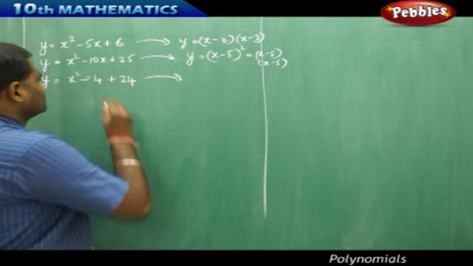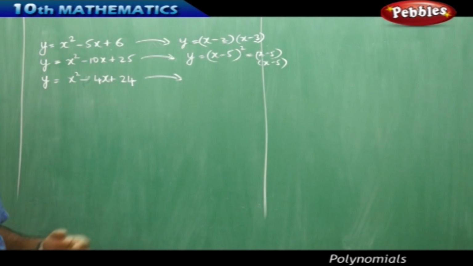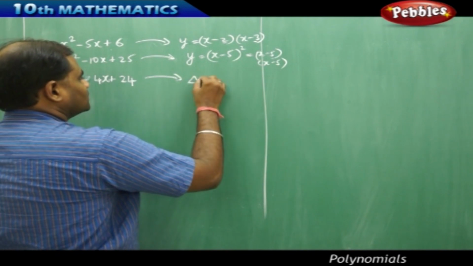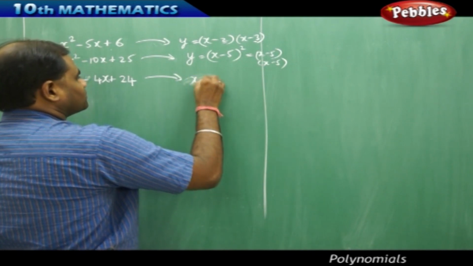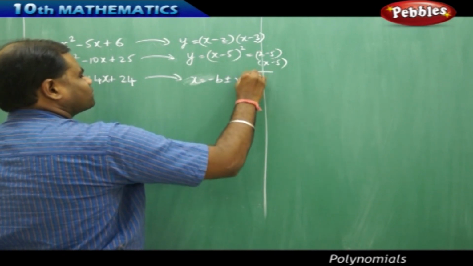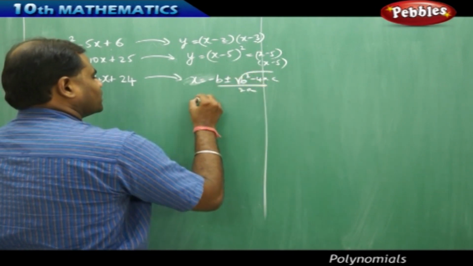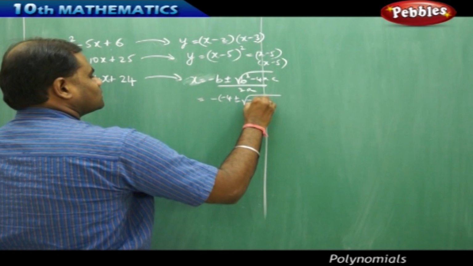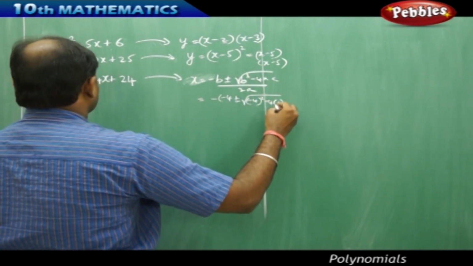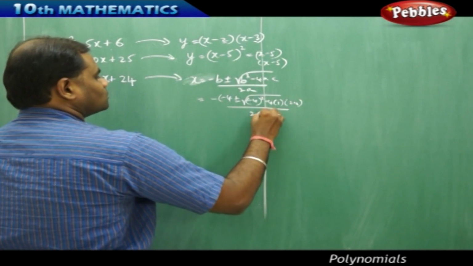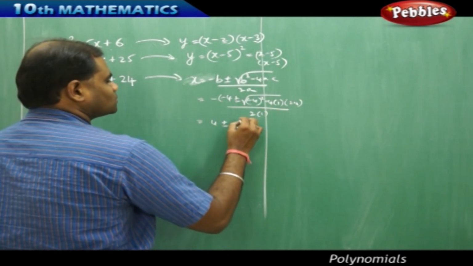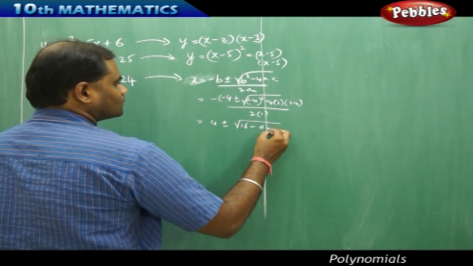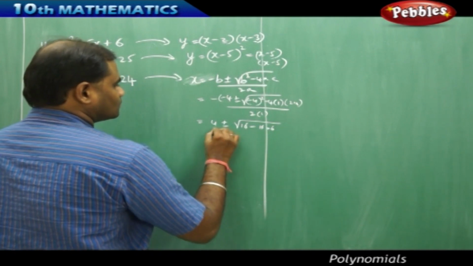Similarly, when I take this, I see that I cannot factorize this because the discriminant is less than 0. So to start with the discriminant, I clearly see that here my roots can be obtained by using the formula minus b plus or minus root of b square minus 4ac by 2a, which gives me 4 plus or minus root of this.